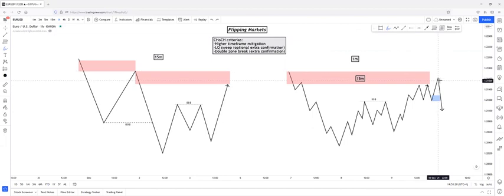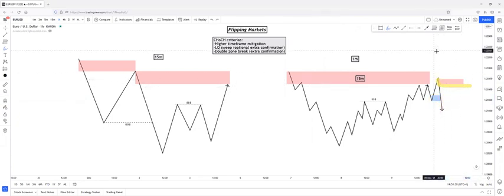And this supply zone, I will just mark it with a box. So this supply zone broke through this demand zone. And as I always say, if a zone breaks, an opposite side zone will be automatically created. So price broke through this demand zone, a supply zone was formed here.